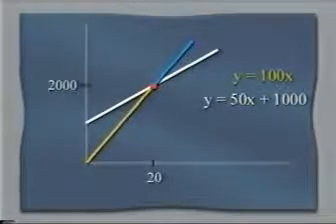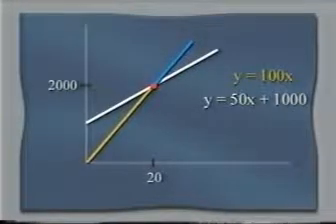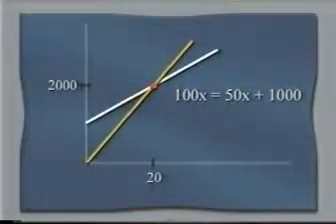The amount of profit or loss can be determined from the model if you know how much you sold. The number of items sold to generate a specific amount of profit can also be determined. It should be noted that we can solve for the break-even point. All we've got to do is set the two equations equal to each other. That is, 100x equals 50x plus 1,000.